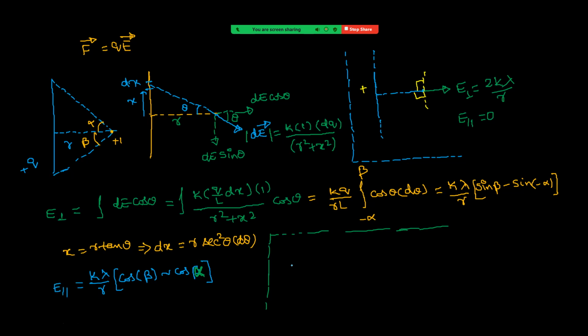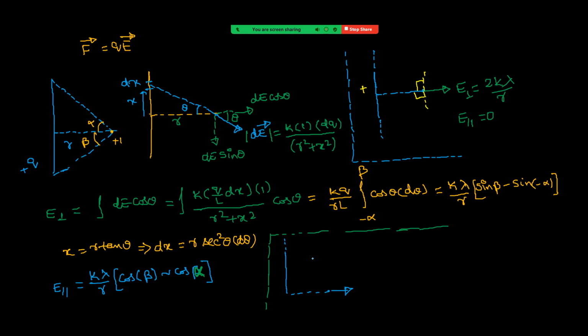This extends up to infinity, and we are taking a point at one end of the wire. So taking an infinitely long wire, we want to calculate the strength of the field close to one end of the wire. Then see here, coming to the normal component.